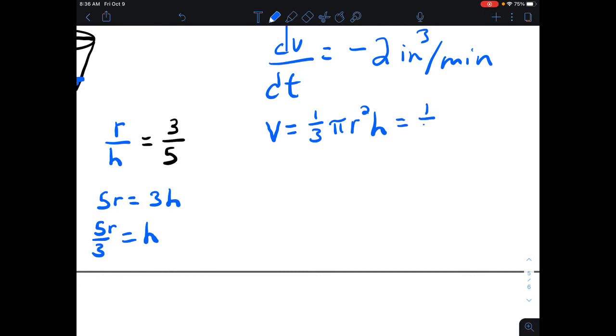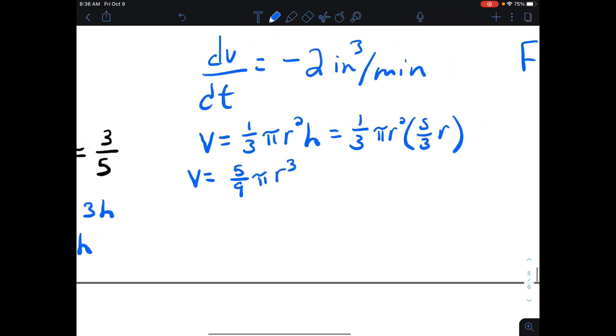So our volume formula would be 1/3 pi r squared times 5/3 r. We may as well simplify that as much as we can before we start taking the derivative, and it winds up making 5/9 times pi times r to the third.